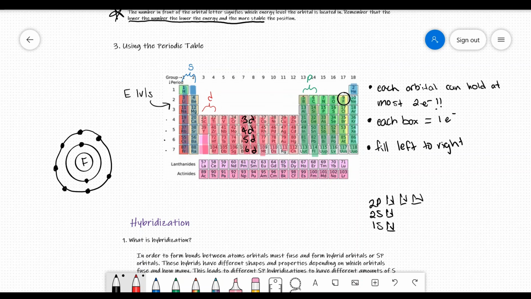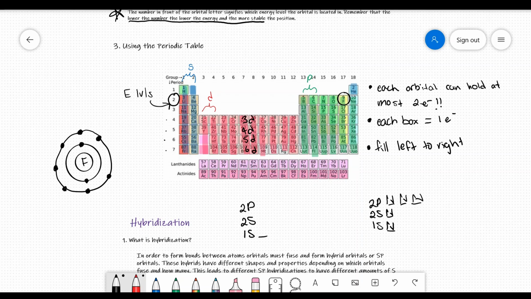So these last few electrons are going to be what tells us which orbitals are filled. Okay, so we can see that fluorine is in the 2nd energy level, so we're going to need at least the 1s and the 2s. Then we can see fluorine is in this green column, so it's going to have some of its 2p orbitals filled as well.